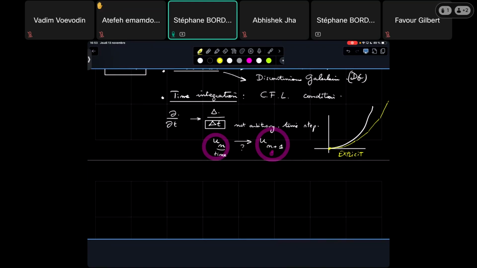So this is the explicit case, because at no time do you solve any residual minimization problem. You simply say, I know where I am, I know my velocity. You can think about projectiles. I know where I am now, I know the acceleration of gravity, I know the initial velocity, I'm throwing a ball. So I will compute from the initial velocity: the position is u equals v times delta t. So v0 times delta t gives me u1, right?